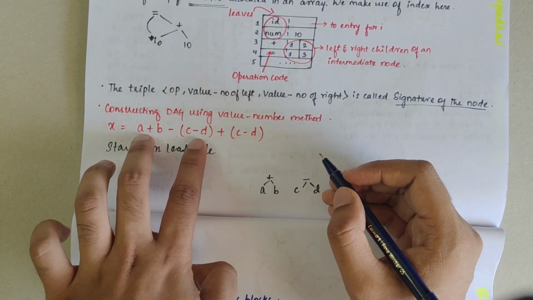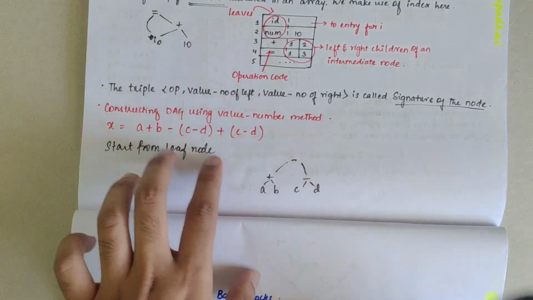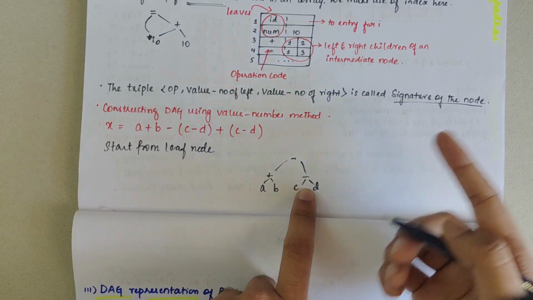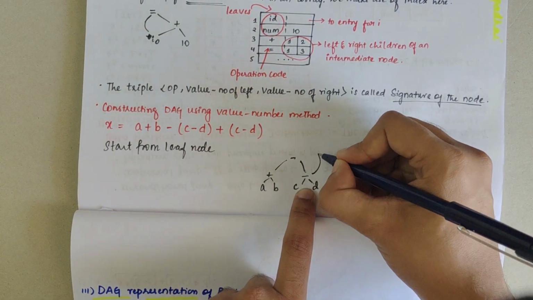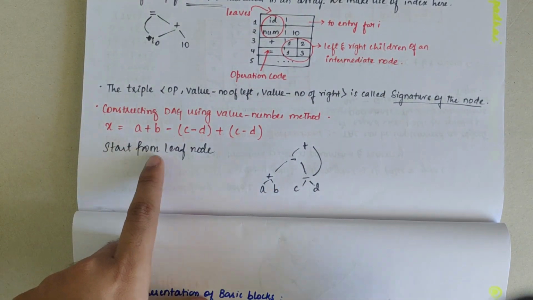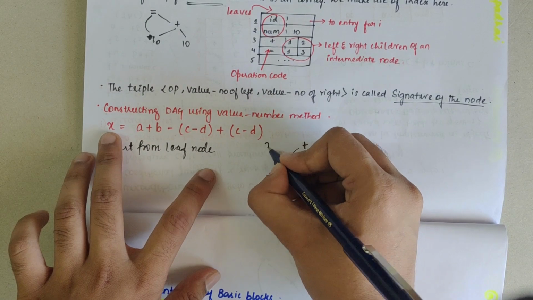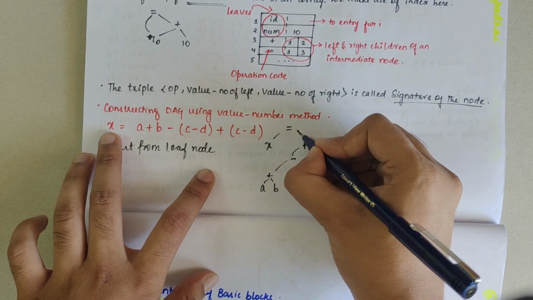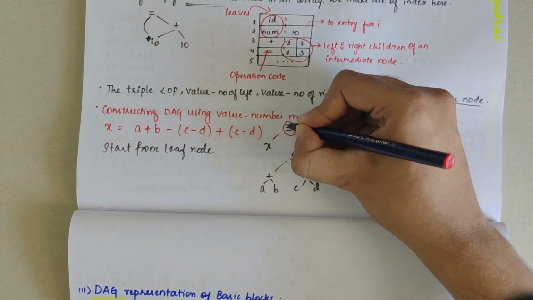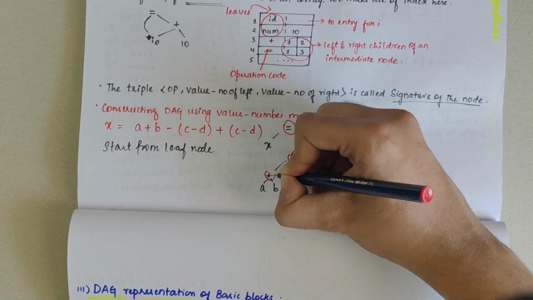Then I have a plus b minus c minus d, minus here, and c minus d plus c minus d again, plus here, and this entire thing would be stored in x. So x equals this entire thing. I hope you have understood how I have constructed the DAG here, which is pretty easy.